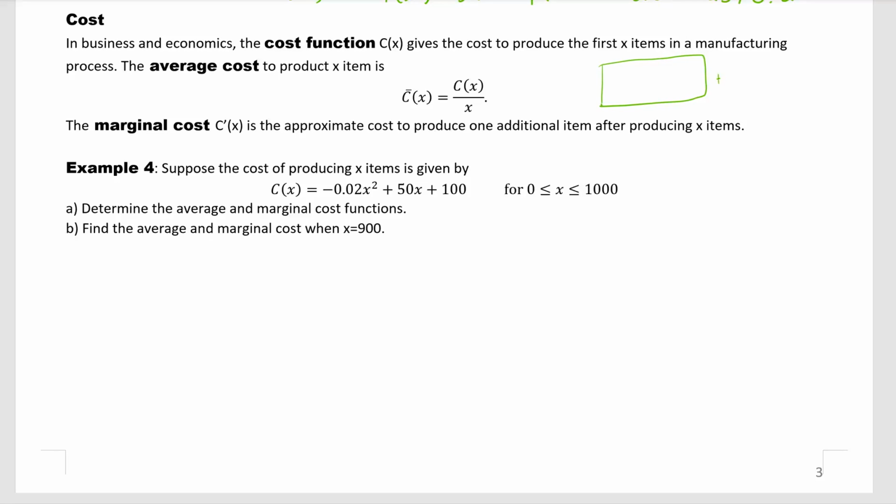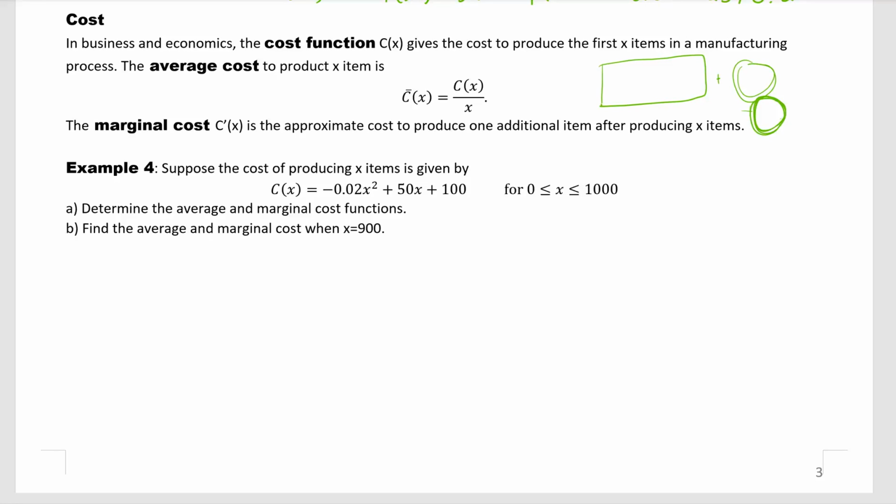And plus the cost of each burger, right? You're going to buy some meat and bread for each burger. But the average cost is you add up all the costs and then you divide it by the number of burgers you produce, right? But the marginal cost, you only count the costs for producing one more burger.